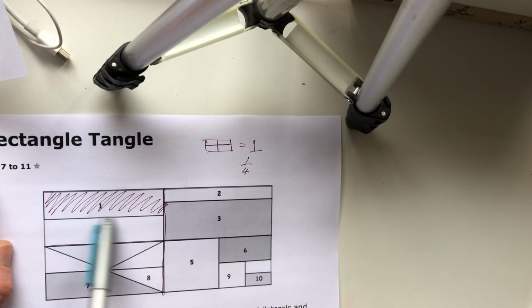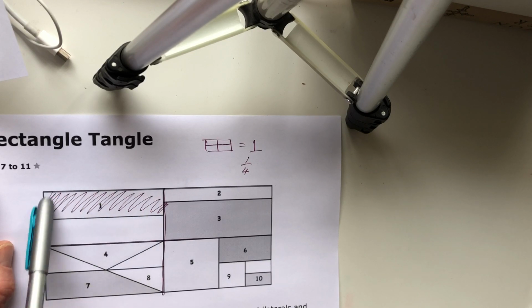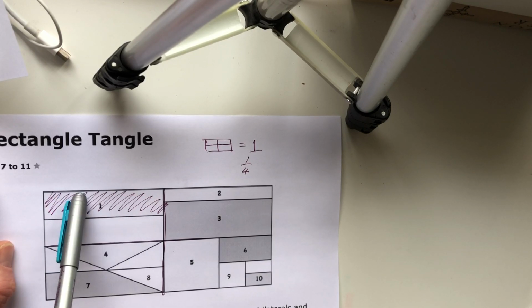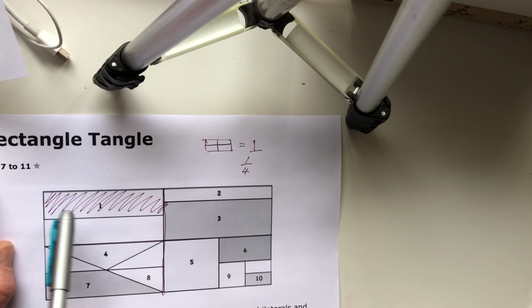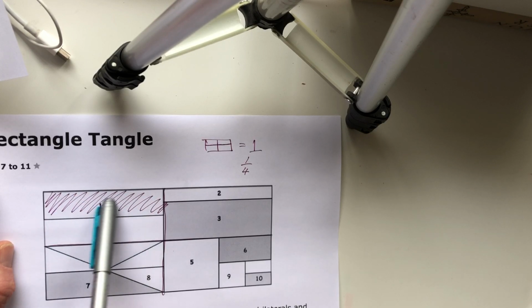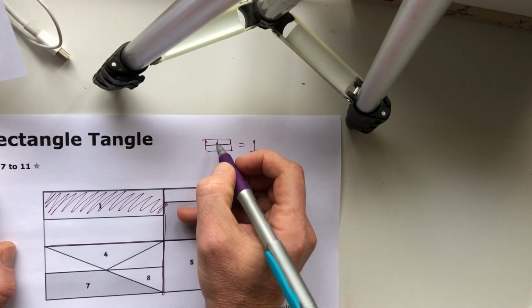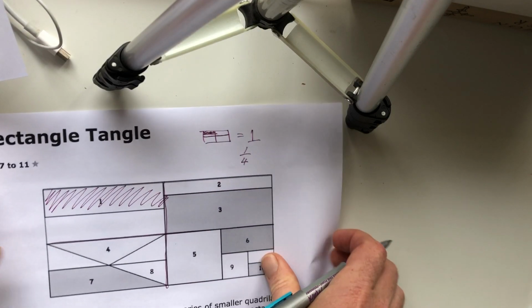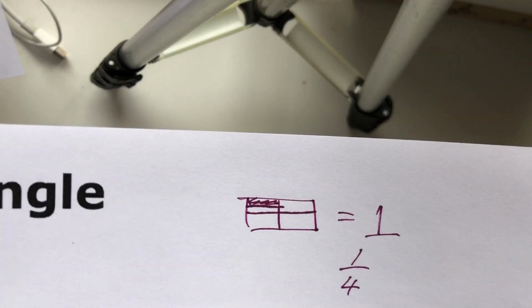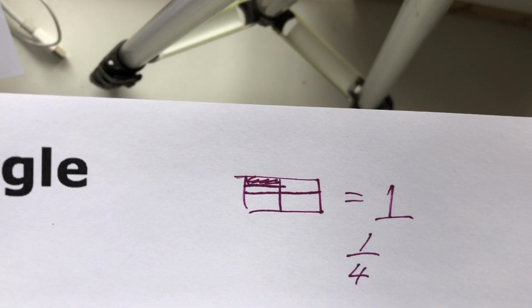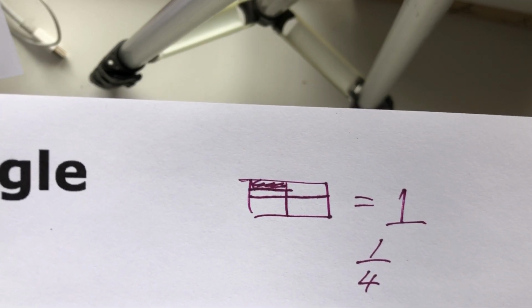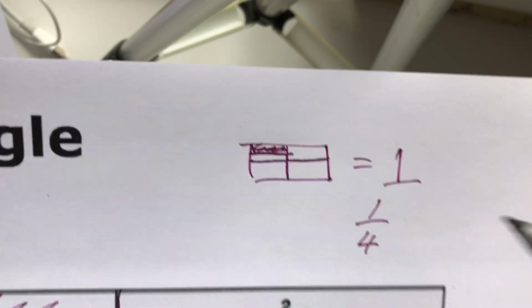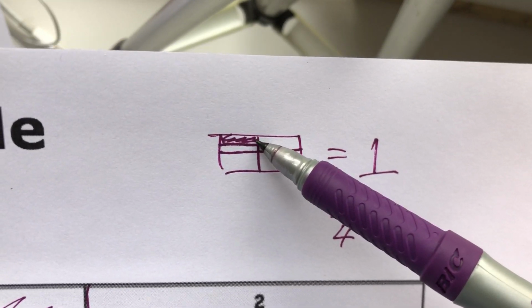Now, you'll be able to notice straight away that this shaded rectangle here, number 1, is actually half of this quarter here. If I show it on here, I've done it that way, okay? So you can see that I have broken up my rectangle into 4 different bits. Of one of those 4, I've cut it in half.